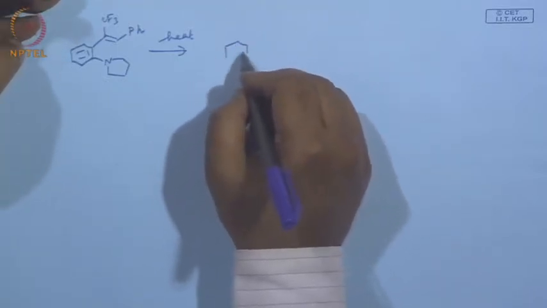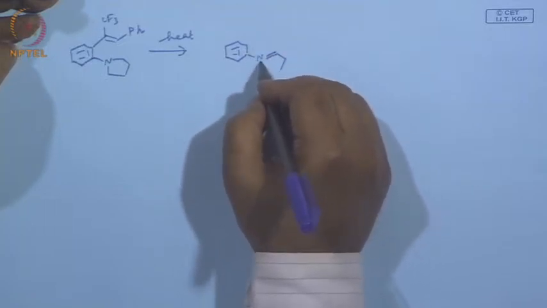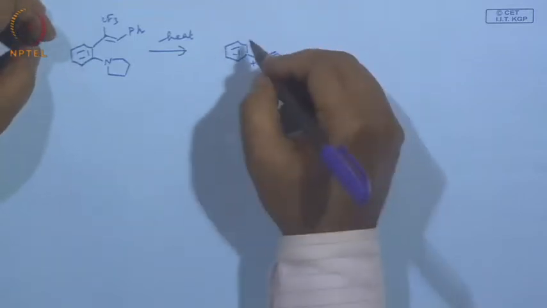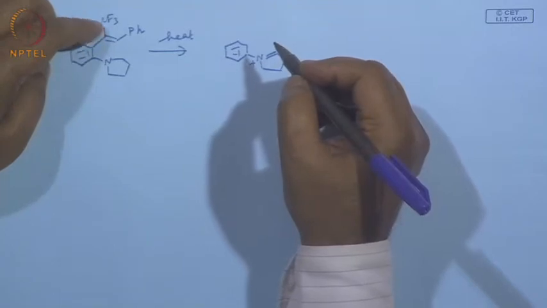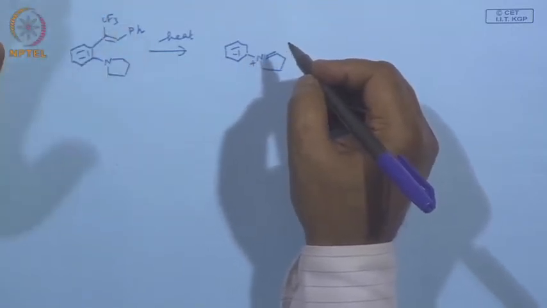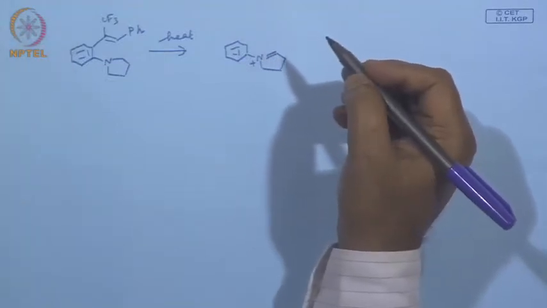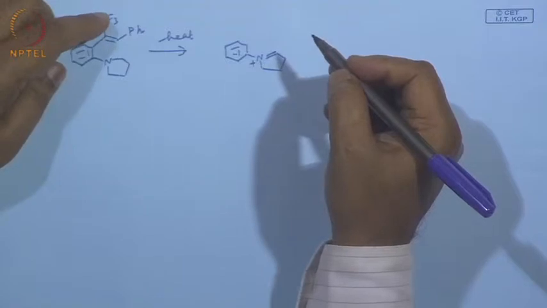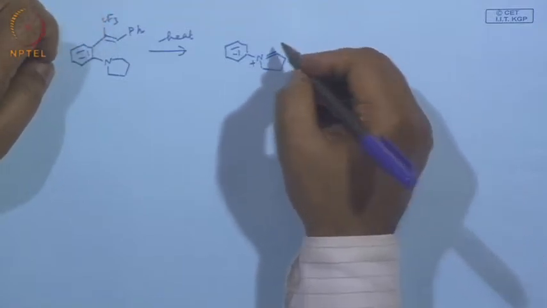Well, one thing we can expect is that it first forms this iminium ion, and then you have to decide whether this hydride would be transferred to this carbon or the other carbon. Mechanistically, if the hydride transfer is required, it should go to the electron deficient carbon, and the trifluoromethyl group is electron deficient, right.